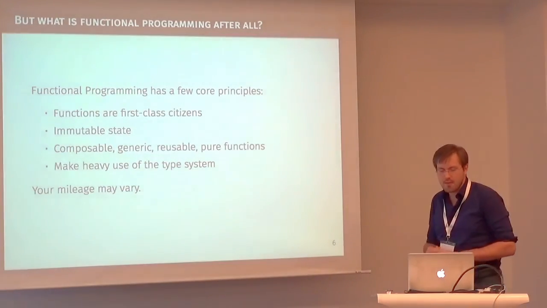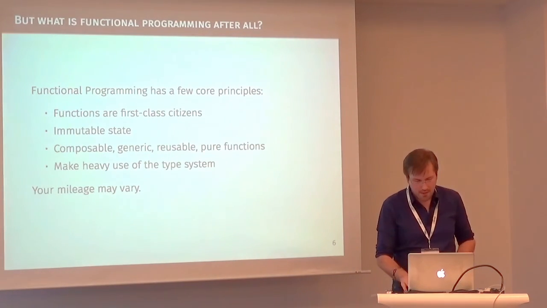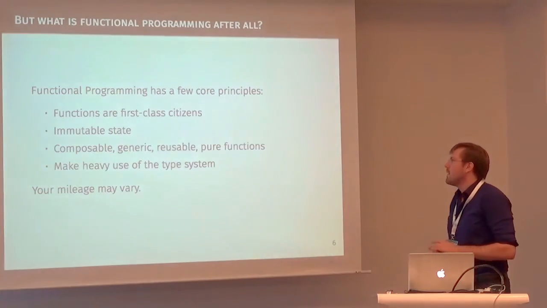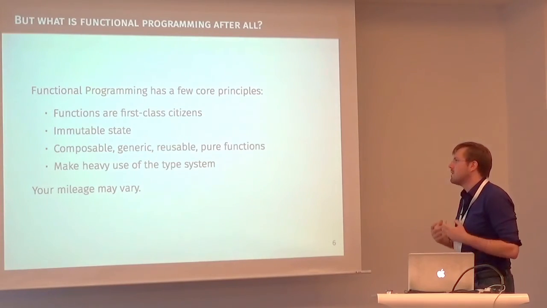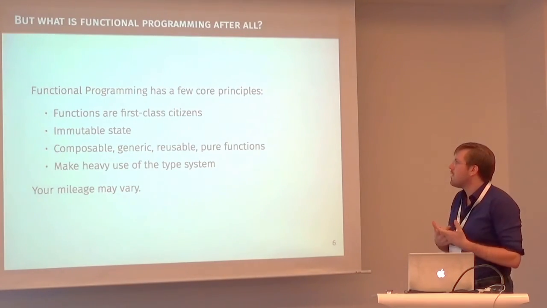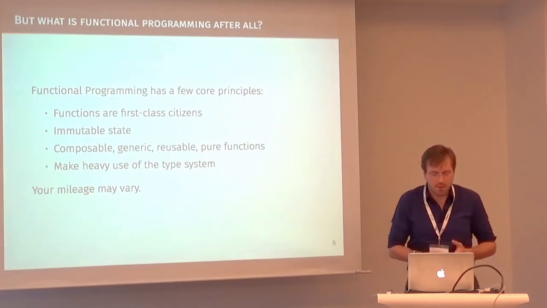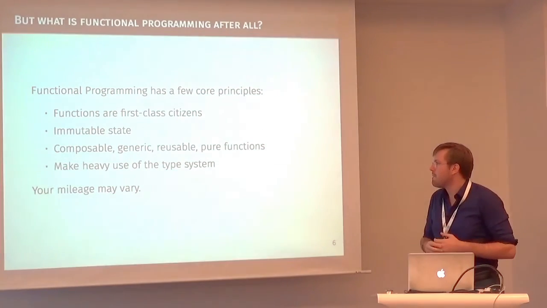Functional programming simply doesn't want to mutate variables. And the third, which is strongly connected with the first, is that we want our functions to be pure, because that allows them to be composable, generic, reusable, and we'll see why.